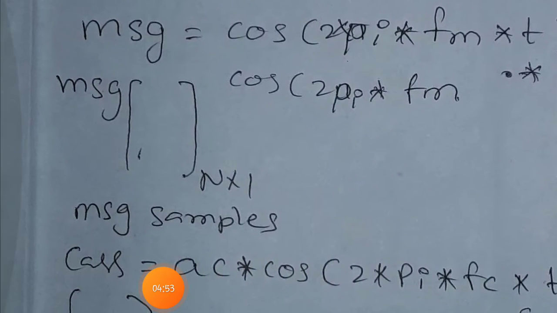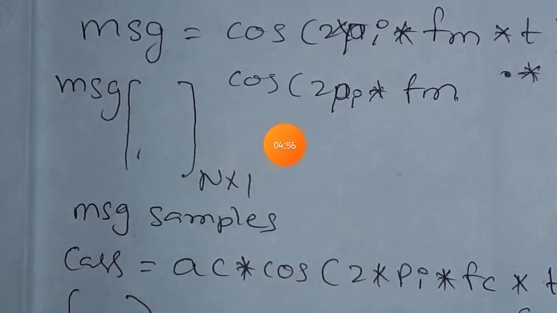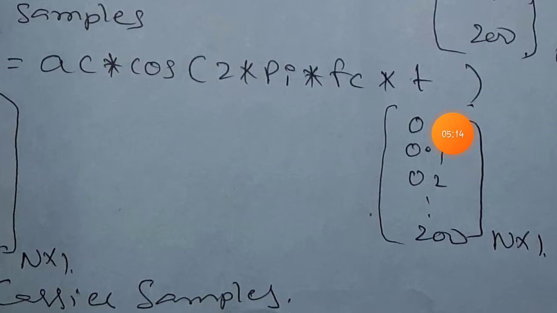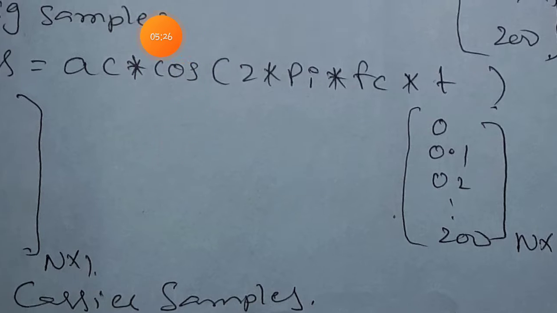So now we got the message samples, an n by 1 matrix. Similarly, there is another statement: carrier signal is equal to AC star cos 2 pi fc t. Each element of the column matrix T is substituted here, so for each element there is one value.